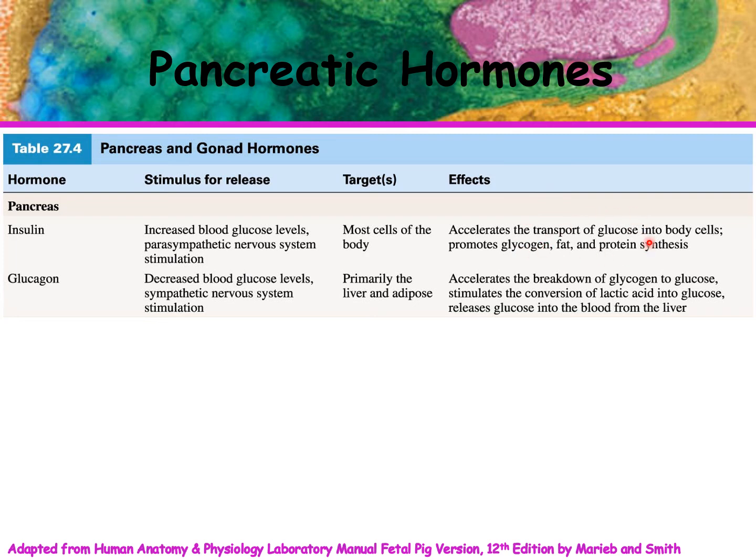When we secrete insulin, insulin acts to push glucose that's circulating in the blood into body cells, and in doing so, it stimulates the formation of glycogen, fat, and it can also stimulate protein synthesis.